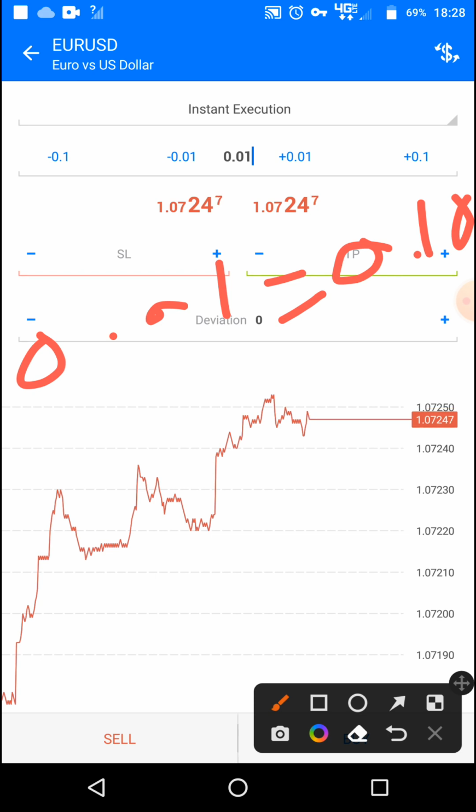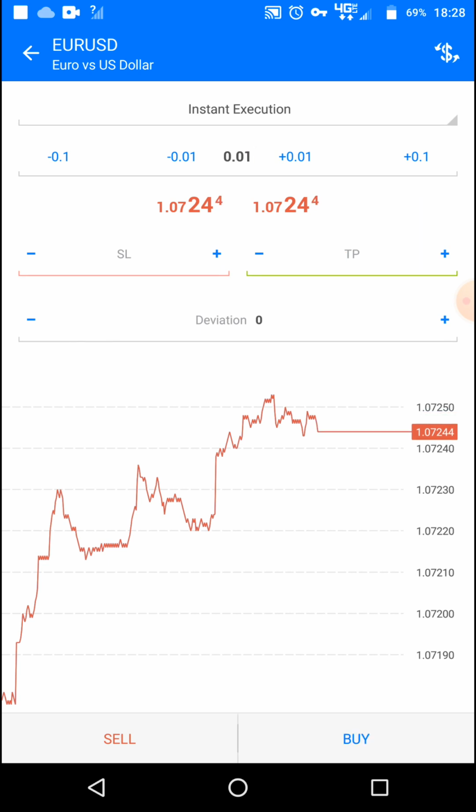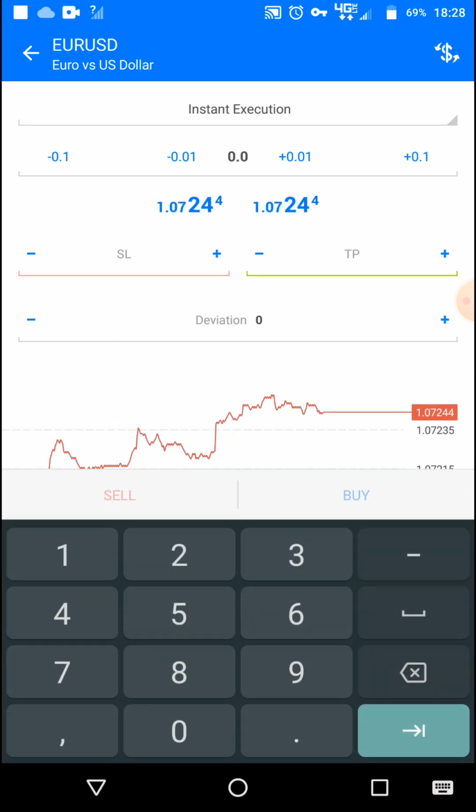Okay, in dollars it's 10 cents. And when you change it to 0.02, it's 20 cents. When you change it to 0.03, it's 30 cents.